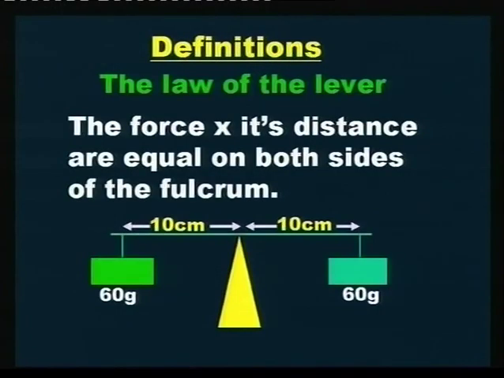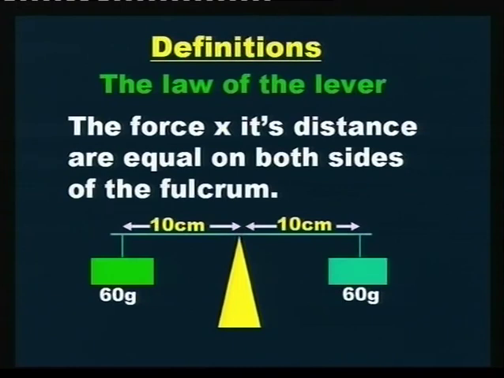Now, the definition says the force times its distance are equal on both sides of the fulcrum or the pivot. If you have a look at the diagram, we have 60 grams, which is our load, on one side, and to balance that ruler, or the simple machine, another load of 60 grams has been put on the other side.